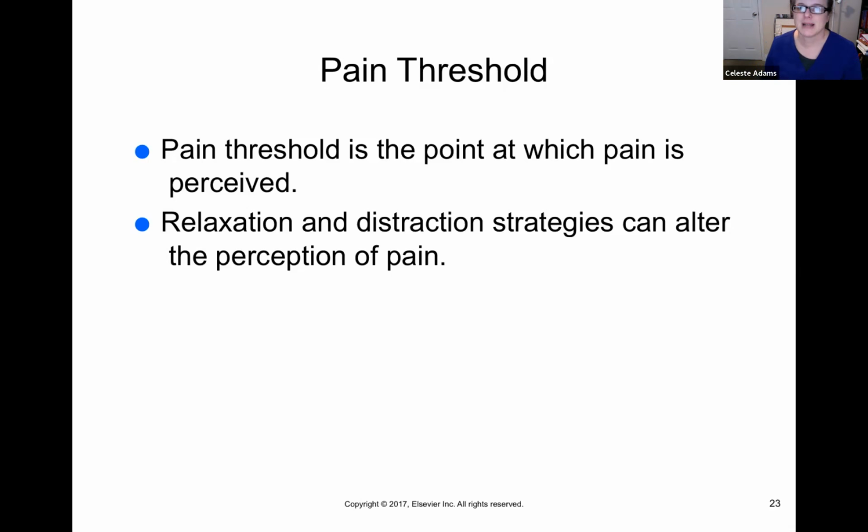That's why relaxation and distraction strategies can help alter the perception of pain and increase a patient's threshold. If a patient has a high threshold or a high tolerance, it would take more pain impulses for the patient to be able to perceive it.